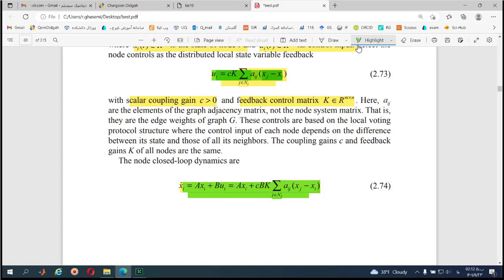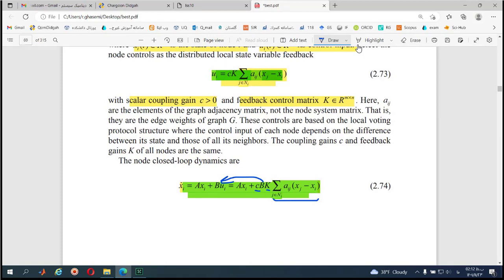We put this C, K, and sigma, means C, K, and sigma, for the dynamic of the system. This is a closed loop system.